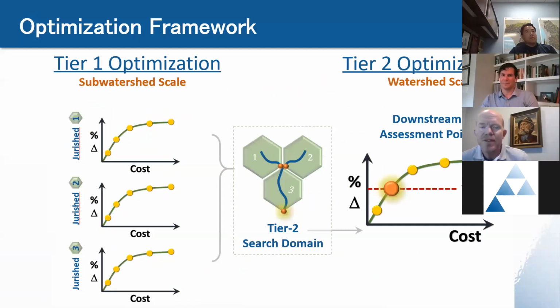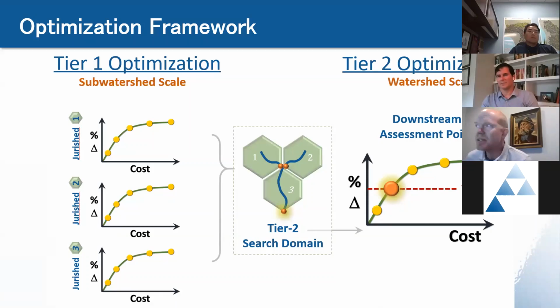Within WMMS and within the original RAAs, there are really two tiers. Each sub-watershed gets a curve like the one we just showed. Then at the watershed scale or the jurisdiction scale, the optimization helps you figure out where to focus, considering all of those optimization outcomes: where should the BMPs be put within the watershed or within a jurisdiction? That's the tier 2 part of the optimization, where you're searching all of those curves for each individual sub-watershed.